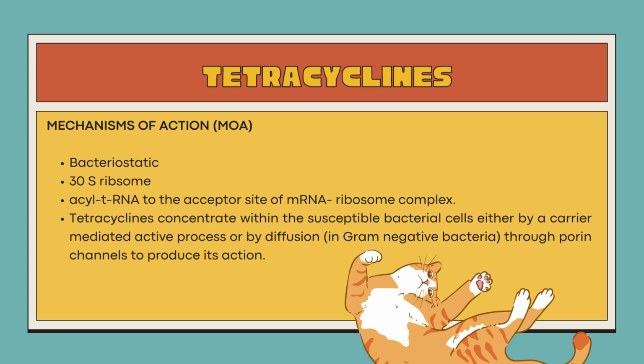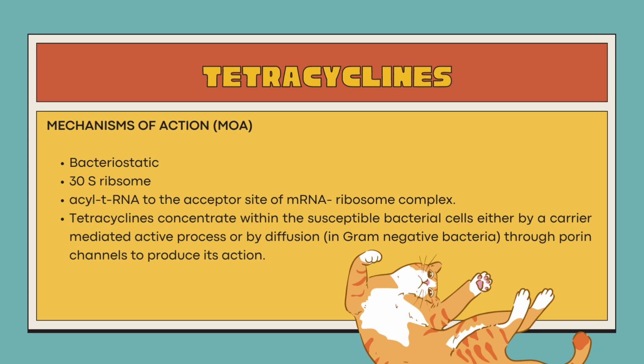Tetracyclines concentrate within the susceptible bacterial cells either by a carrier-mediated active process or by diffusion through porin channels to produce their action. Doxycycline and minocycline have the greatest lipid solubility and enter bacteria by passive diffusion, which also makes them more potent.